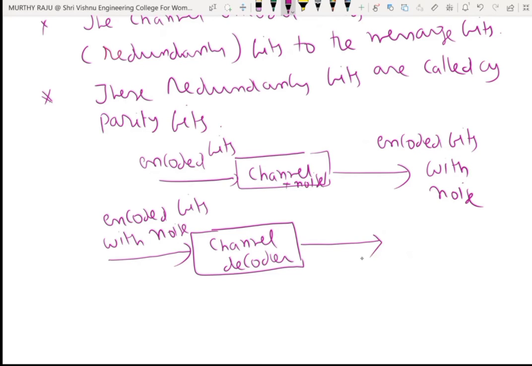The channel decoder output is decoded bits.